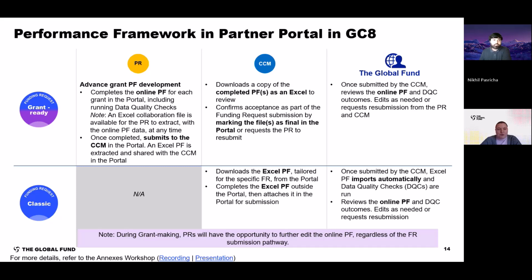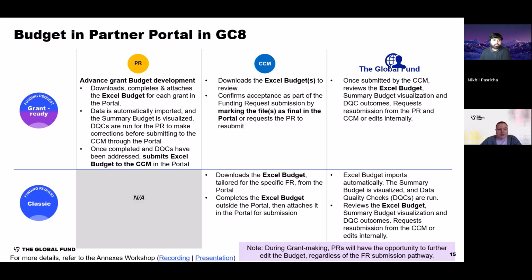So now we will move to the budget, and through the process of the classic funding request submission pathway, the process is very, very similar here. When the CCM will be downloading the budget, the Excel budget, that will be made available as soon as the application for funding request link has been shared in the partner portal.